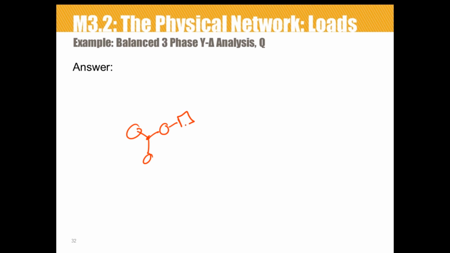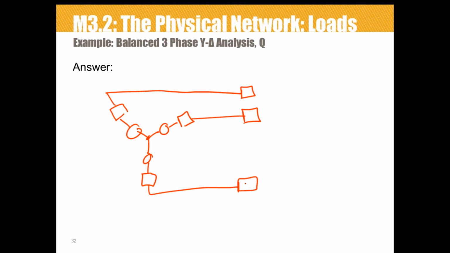Those are our voltage sources, internal impedance of the generator, line impedance, and then the difference is that over here we've got this situation.